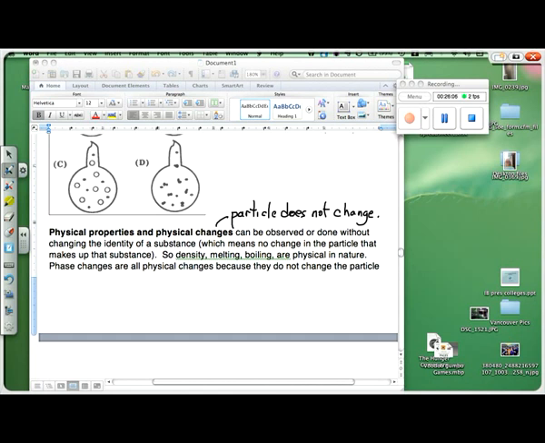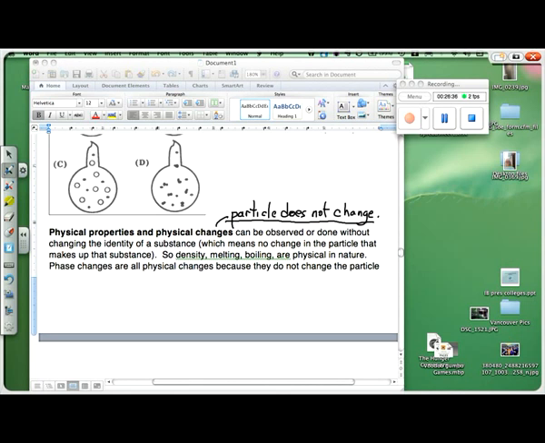Whether or not there's a chemical change going on there, there probably is. The bubbling is just a side product of the brushing and the substance toothpaste itself. But anyway, I deviate. The absence of those clues certainly indicates a physical change, but this is the best definition that I've been able to come up with over the years: the particle does not change.